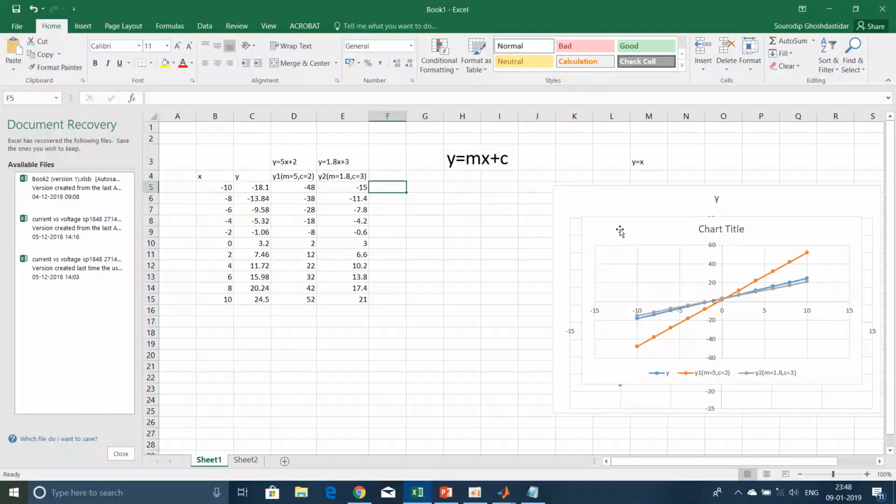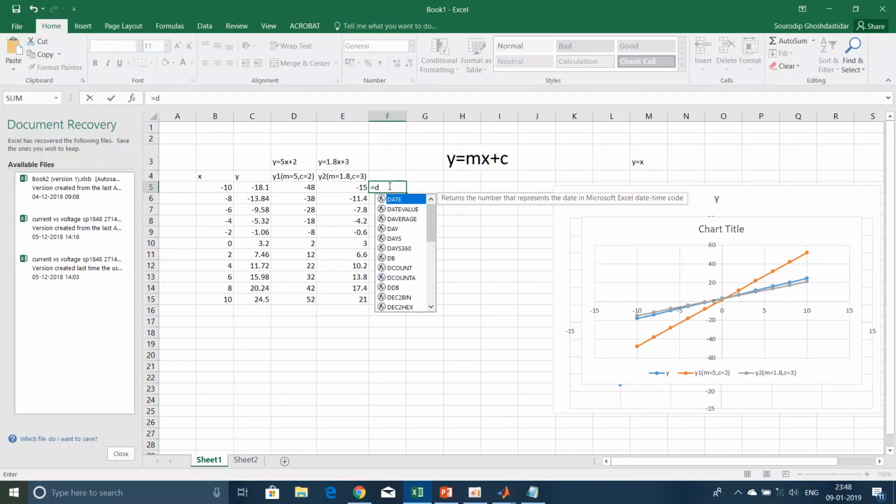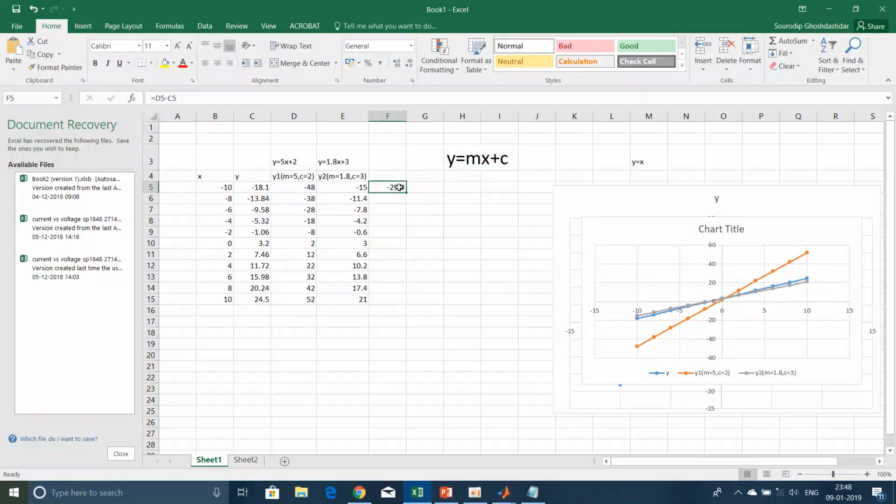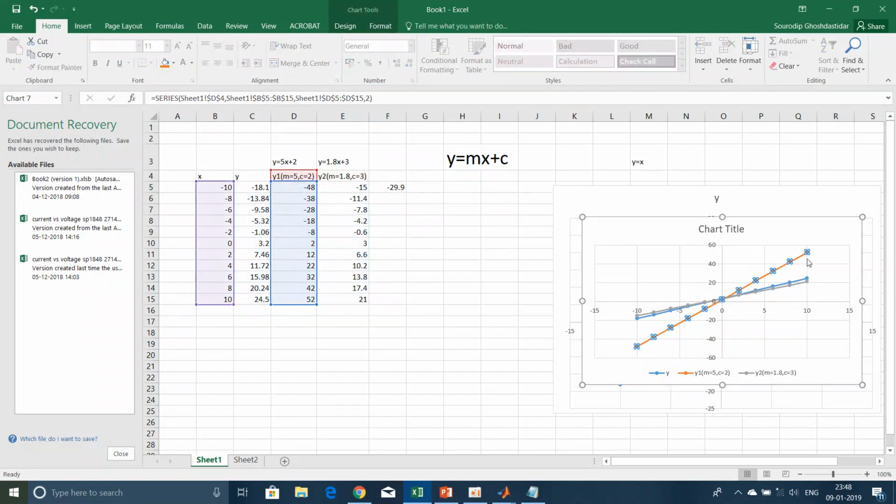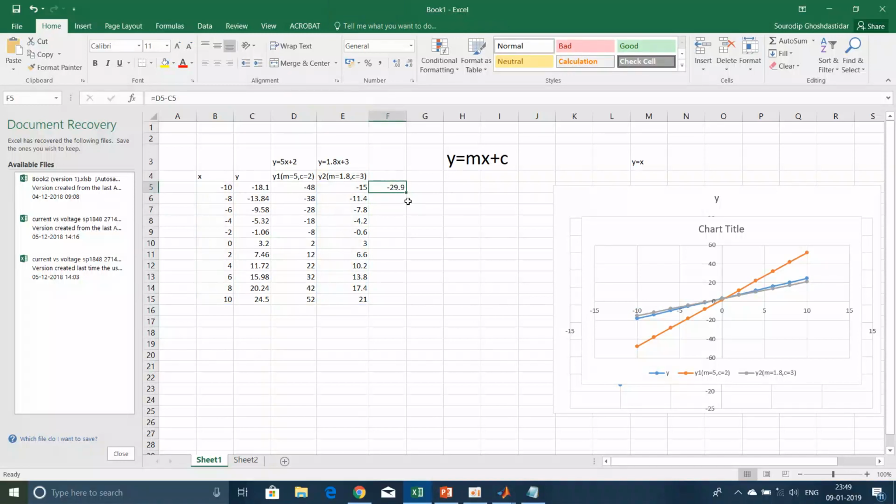For example, the difference between minus 48 and 18.1 would be d5 minus c5. That's the difference between this red point and this blue point. That's minus 29.9. So if we drag this, these are the differences.